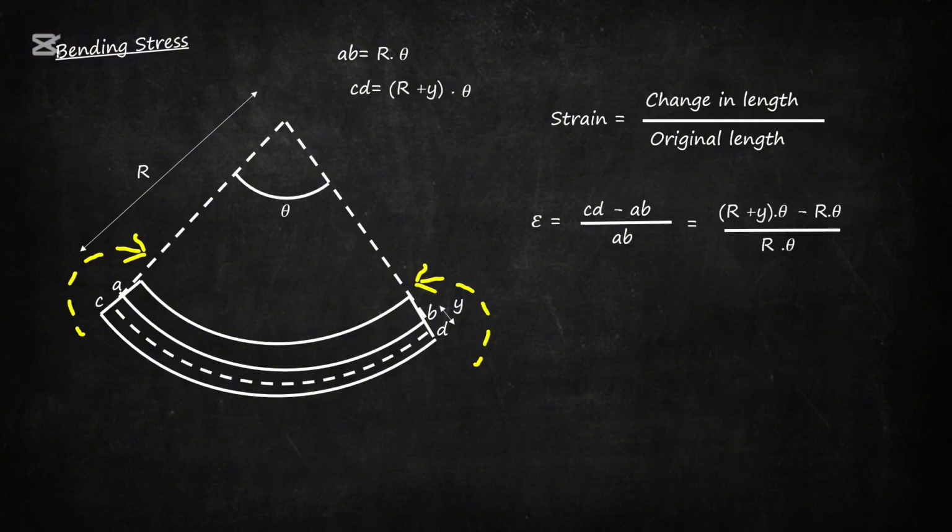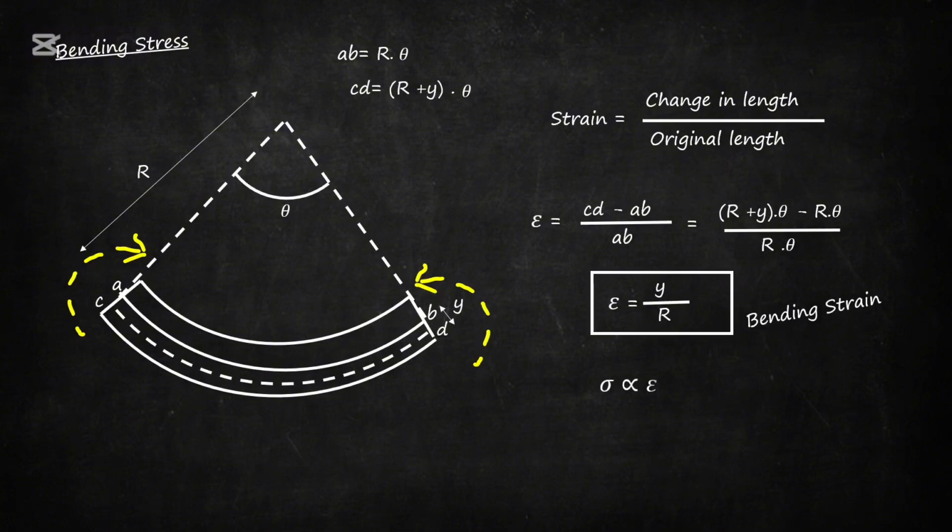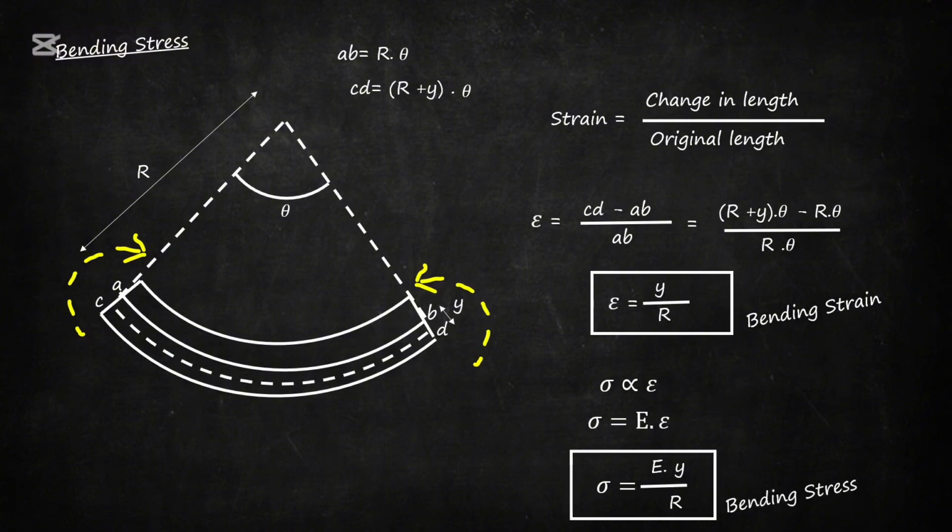Equating that, (r plus y) theta minus r theta by r theta. Solving this one, we get strain equal to y by r, and this is called bending strain. We know that from Hooke's law, stress is directly proportional to strain, and stress equals elastic modulus into strain, so from this formula we get E y by R. That is called bending stress. Remember this formula, guys.